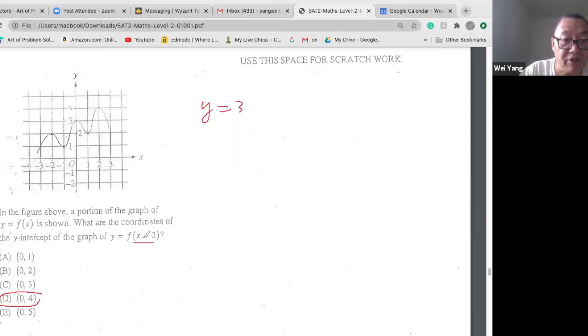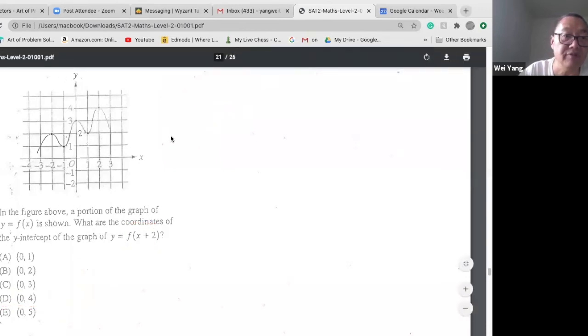So if you try to find the y coordinate of this function, it's the original function shifted to the left 2 units. 2 units. The 1 unit is here, another unit. That would be 4, right? Yes, you're right. Shift 2 units. That will be this point on the y-axis. Yes, that will be (0, 4), right?